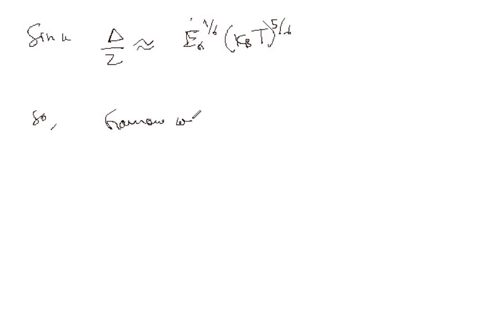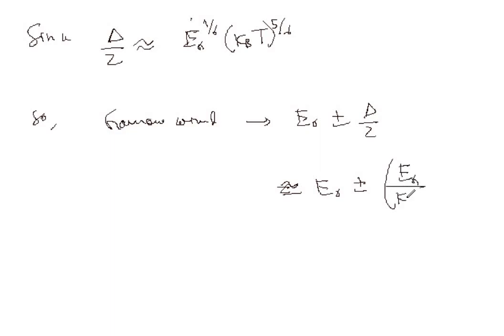Now, as we have just found out, since delta by 2 is of the order of Eg to the power 1 by 6 into kBT to the power 5 by 6, we can write the gamma window as E0 plus minus delta by 2, or basically approximately E0 plus minus (Eg by kBT) to the power 1 by 6 into kBT.